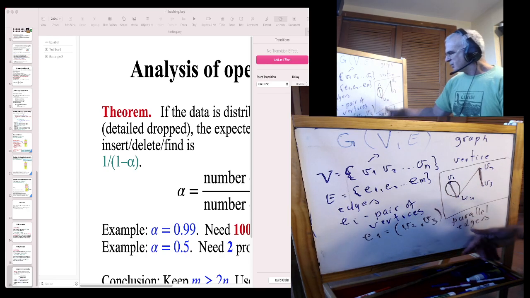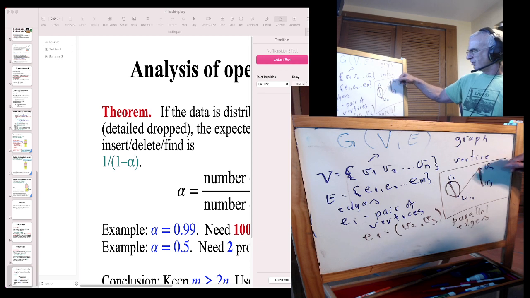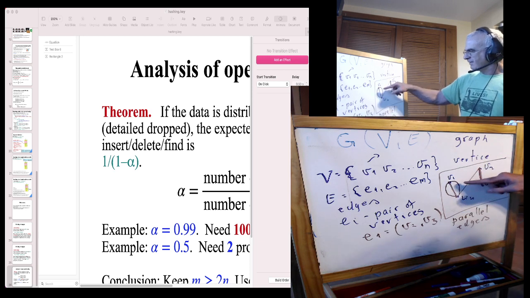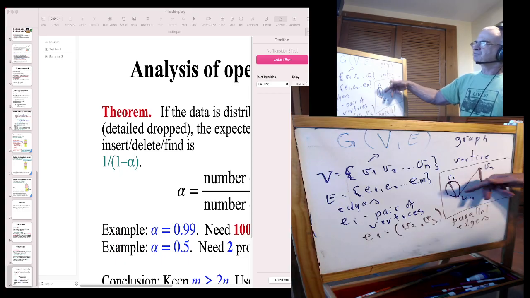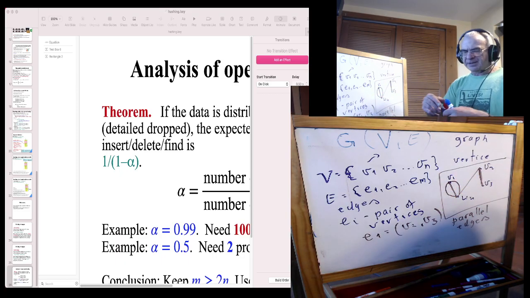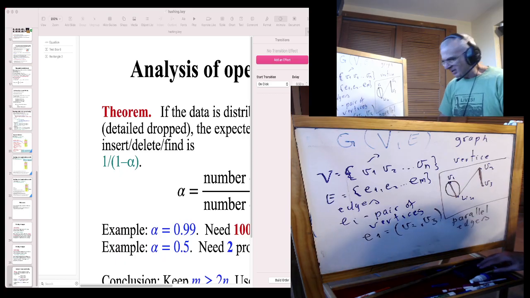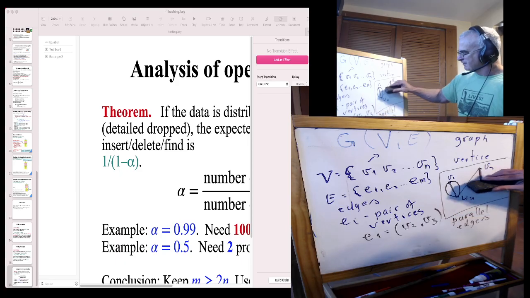So we can assume that there are no parallel edges. Either there is no edge at all, or if there are several edges and each has some different length and I'm looking for the shortest path, I'll only keep the one that is the shortest. No reason to keep these different edges.